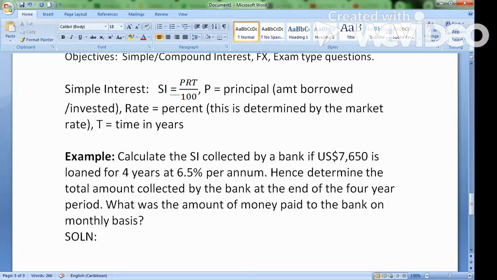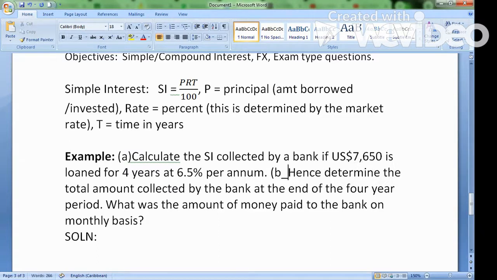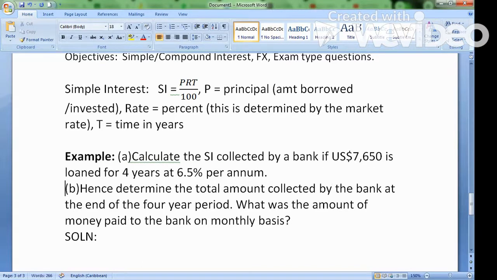So for the solution, probably I should put this in parts. Let's call this part A. This could be part B. And this could be part C.